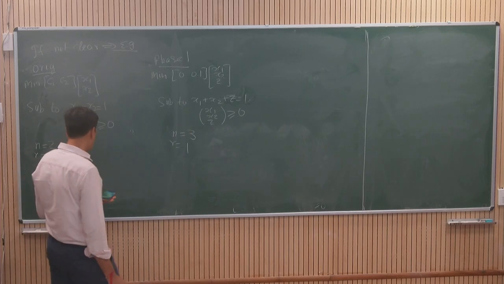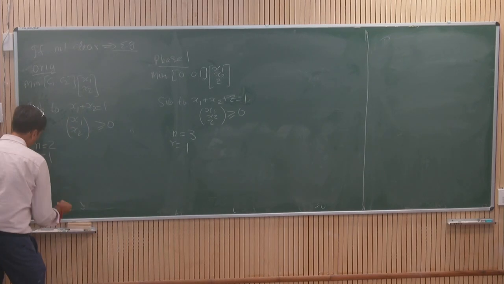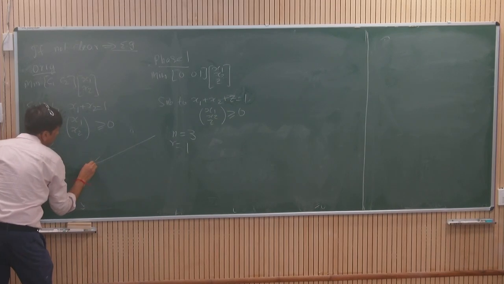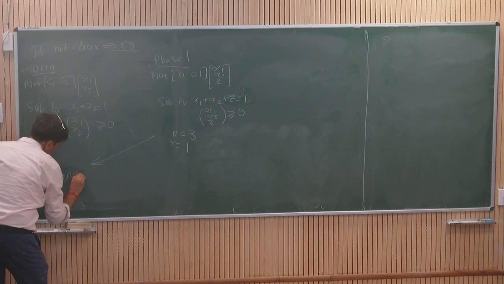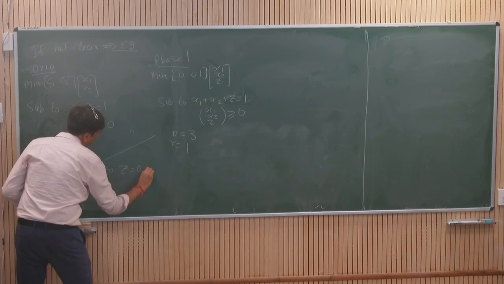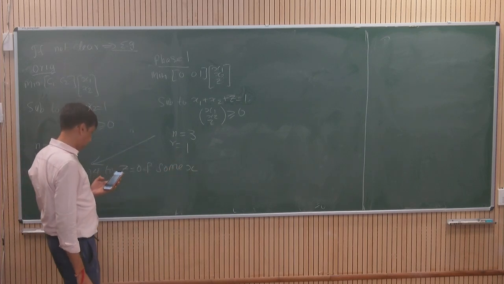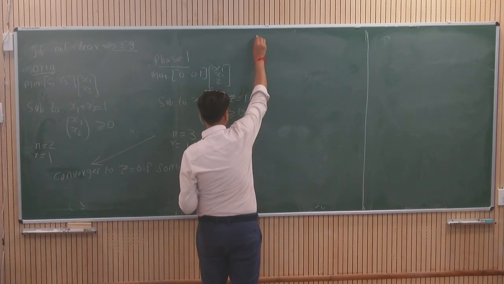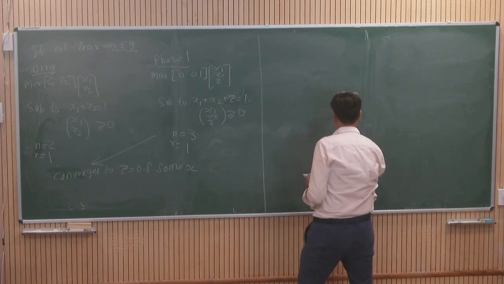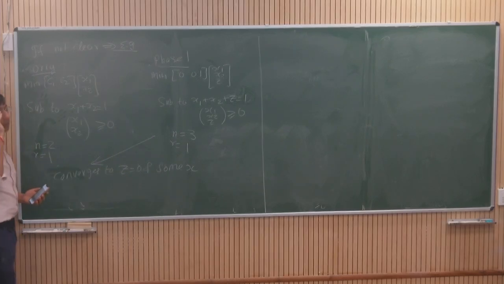Okay. Now what we say is, this converges, not this guy converges, to Z is equal to 0 and some X. Correct?